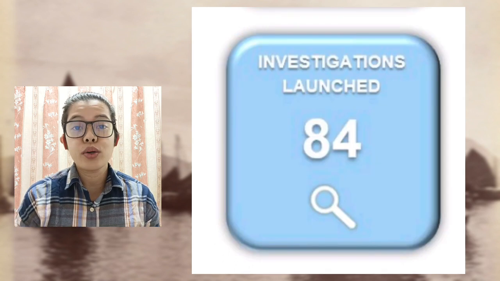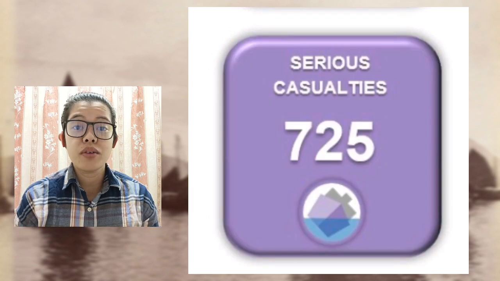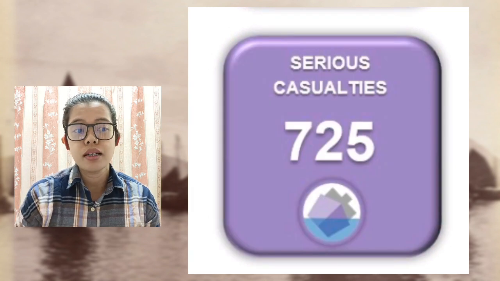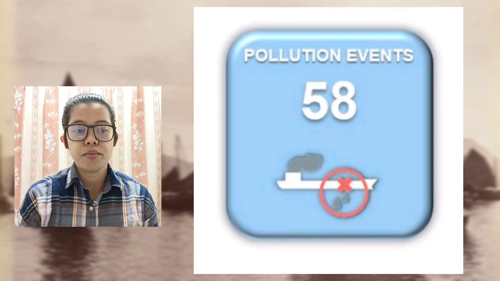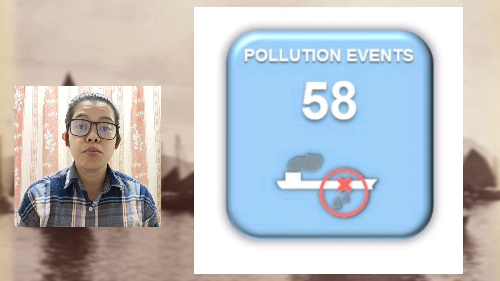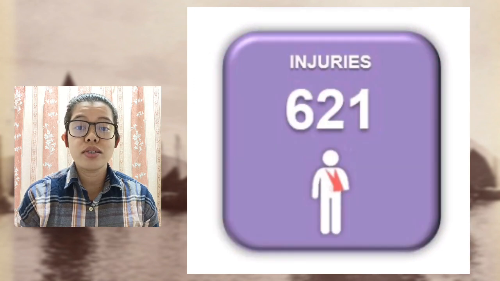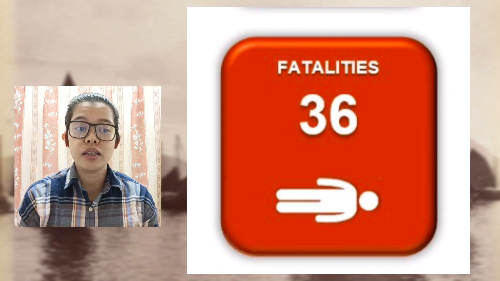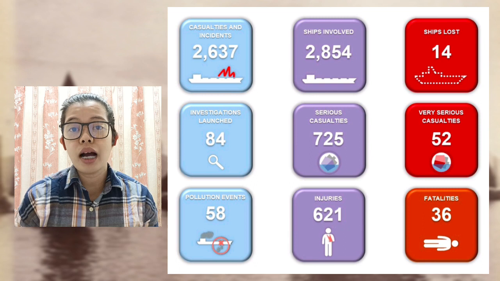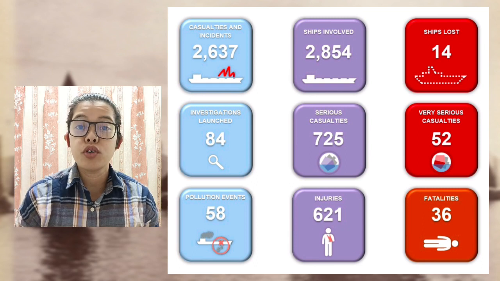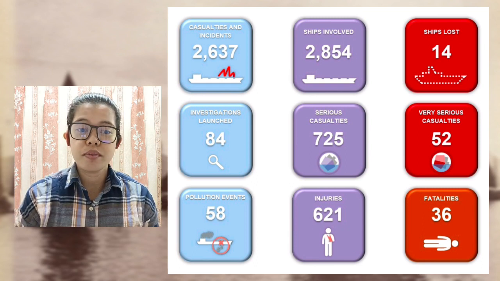There were also 84 investigations launched with 725 serious casualties and 52 very serious casualties. There were 58 pollution events and 621 injuries with 36 fatalities. And that is in Europe alone. And if we account for the rest of the world, for sure the numbers will rise.